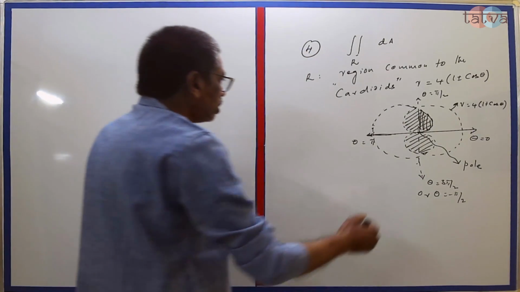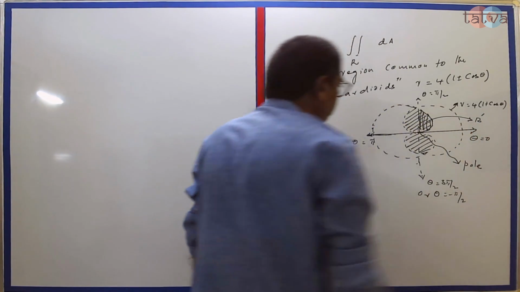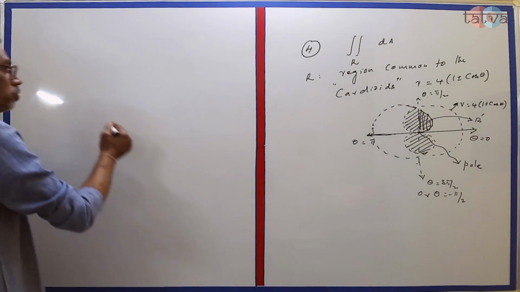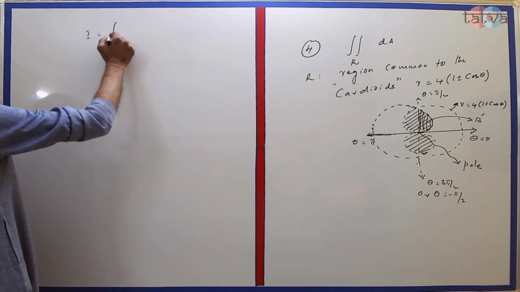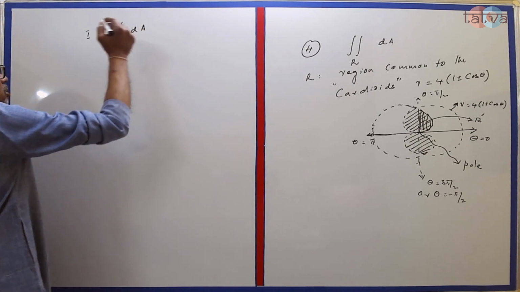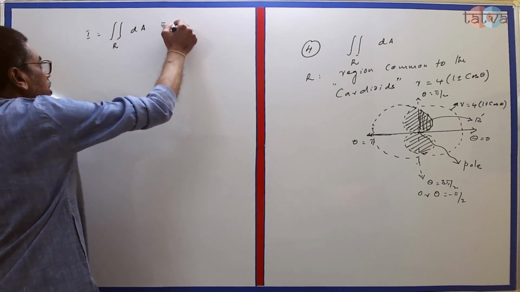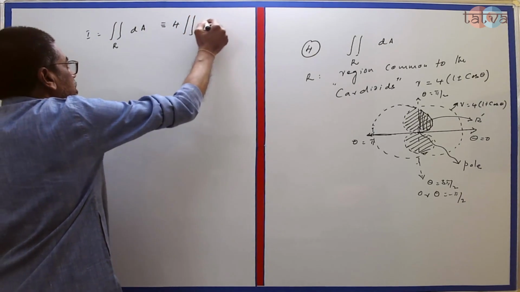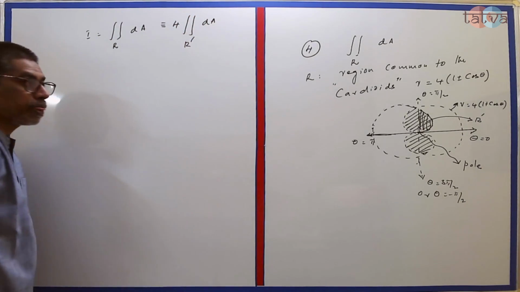So I will call this shaded portion R prime, which means the double integral dA over R is the same as 4 times double integral dA over R prime.